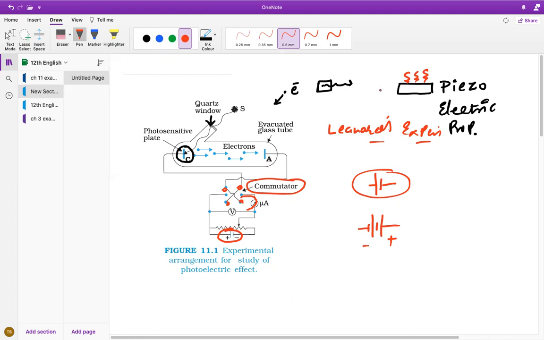And if you remember, I told you that quartz is a polar material in polarization. In our sunglasses, they are using quartz material. So it has a dual property: one is the piezoelectric property and another is the photosensitive property.